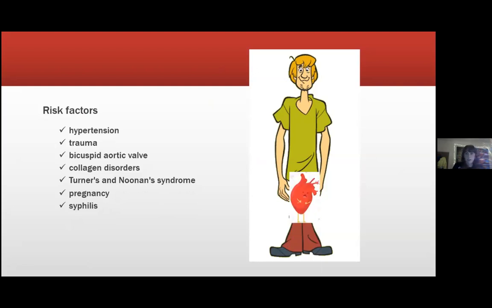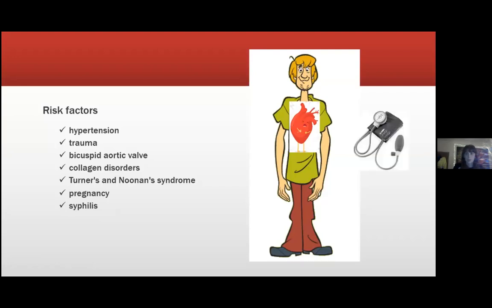So when we look at Shaggy, we've already talked about his chest pain, which is quite typical, normally starting in the center, with a tearing sensation towards his back. And if we do his blood pressure on both arms separately, what might we find?